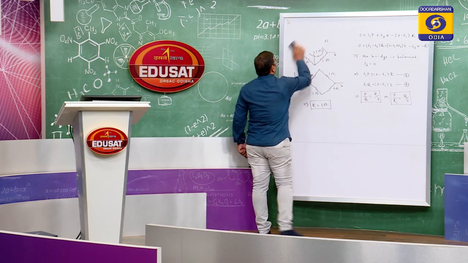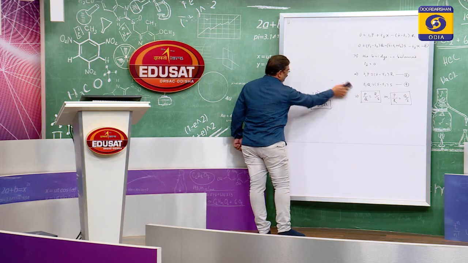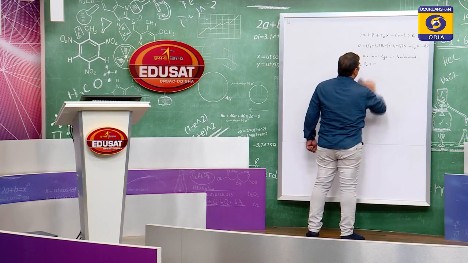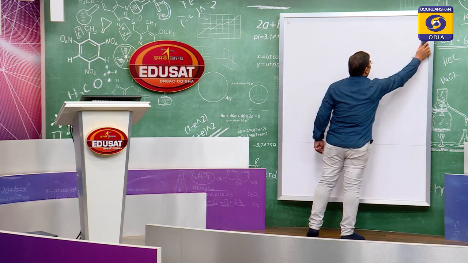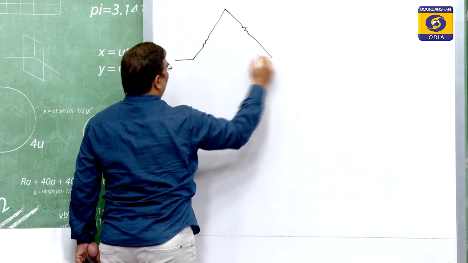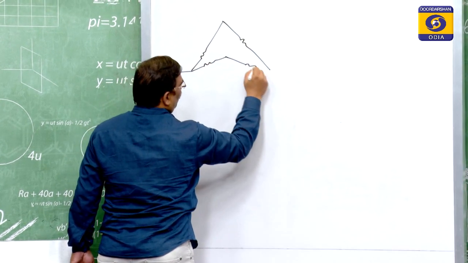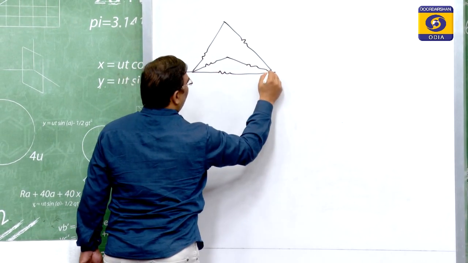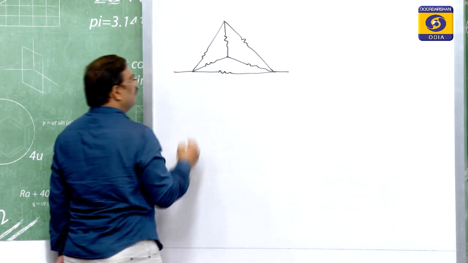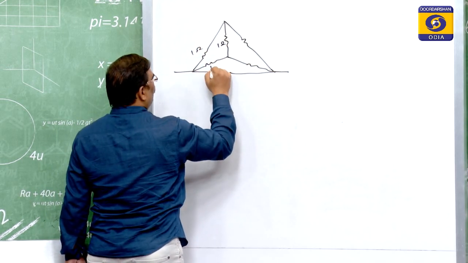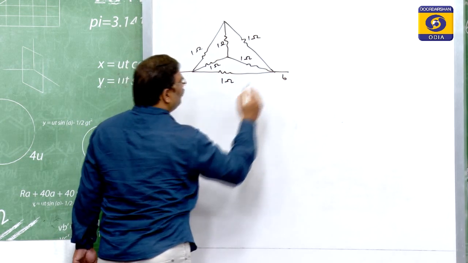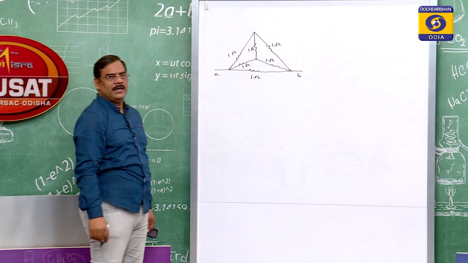Suppose I have another network, a network like this, where each resistance is 1 ohm. Now, to find the effective resistance between A and B.